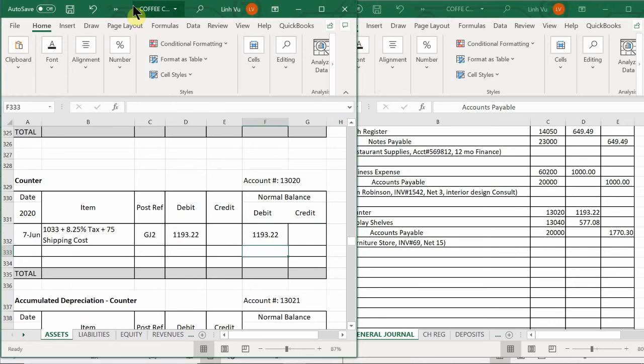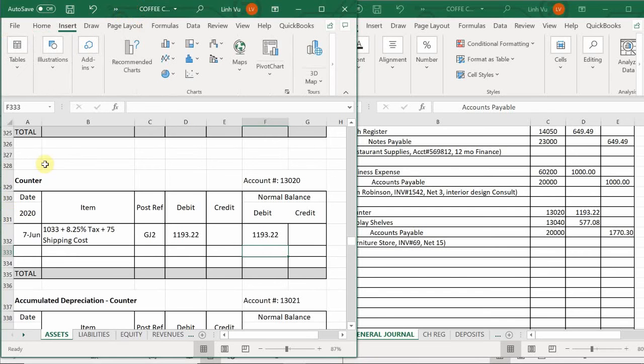All right, so there we go. I have a counter for $11.93.22. One more minute to catch up, please. No worries.